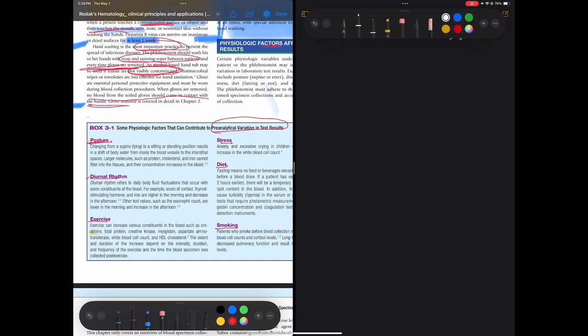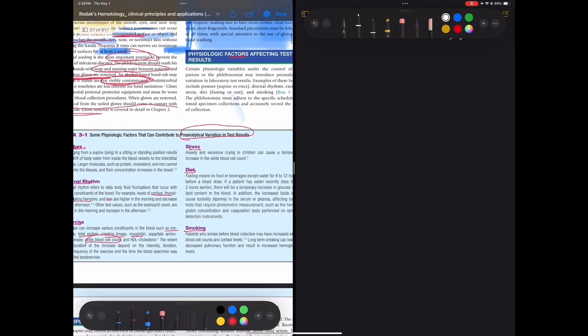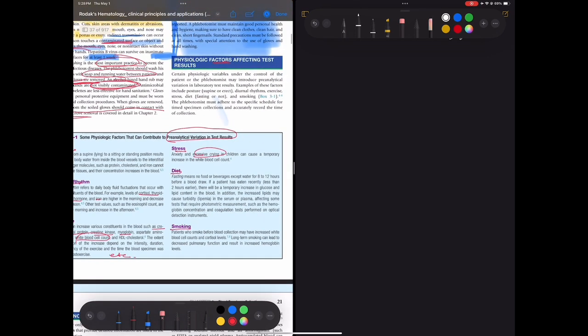Diurnal rhythm, like there are some hormones that are high in the morning and some are high in the evening, especially cortisol, TSH, and iron. Exercise, a person who keeps exercising will have high creatinine, total creatine kinase, myoglobin, and white blood cell count, etc. Stress, yes, especially through excessive crying in children and anxiety, they have increased WBC count.